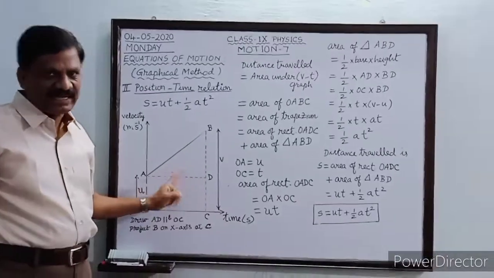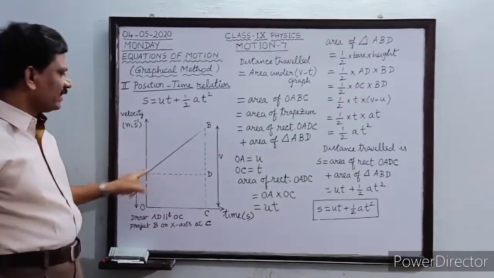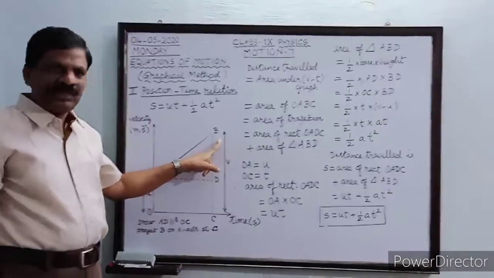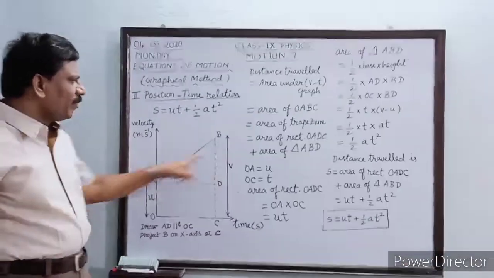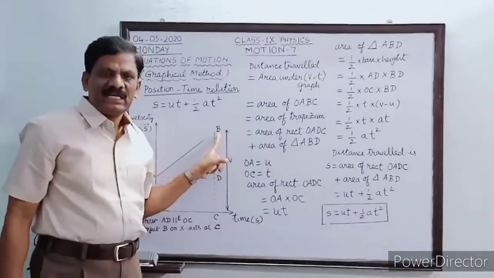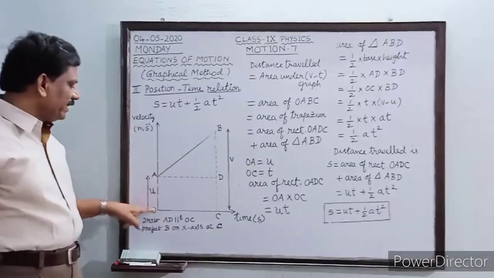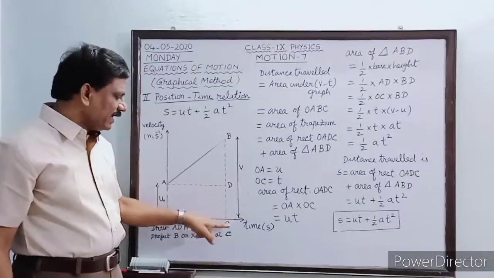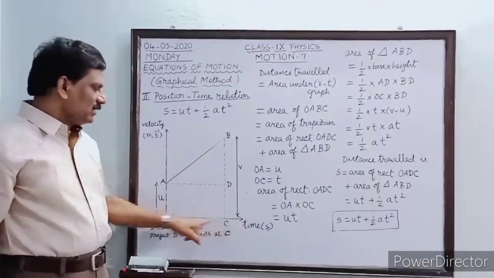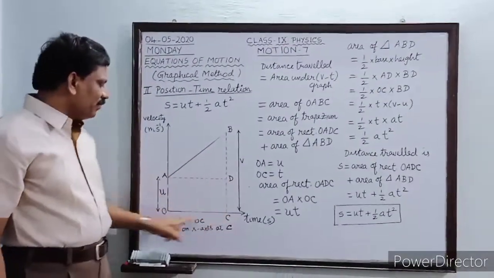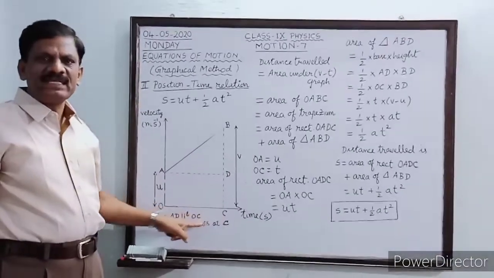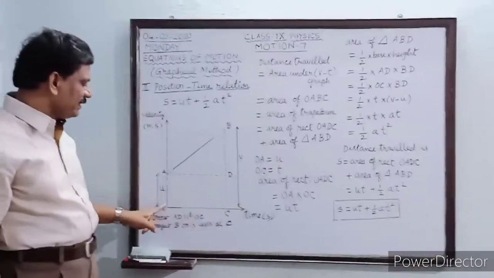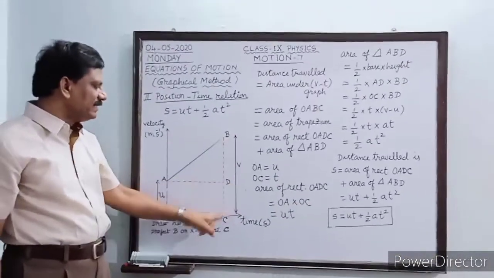It is a VT graph, and the nature of the graph is a straight line AB, and A is the initial point, B is the final point. I have projected the initial point A at O, and the final point B is projected at C, so that the closed portion below the graph is appearing like a trapezium. Can you look at the trapezium O, A, B, D, C?